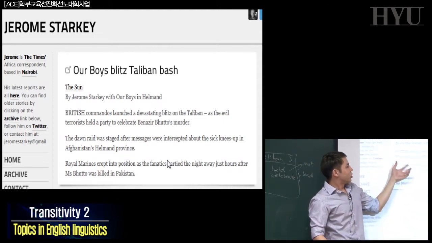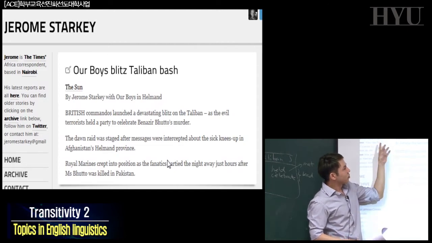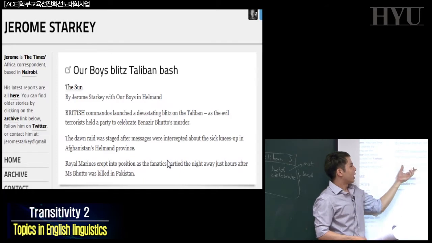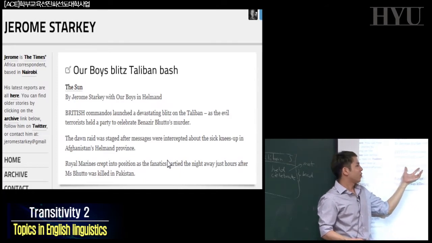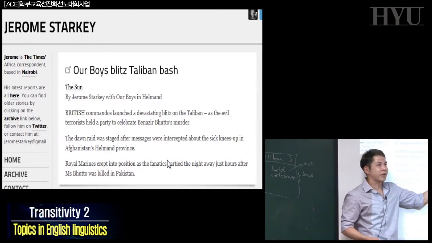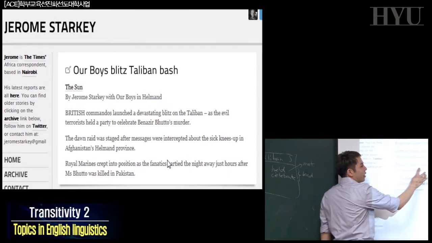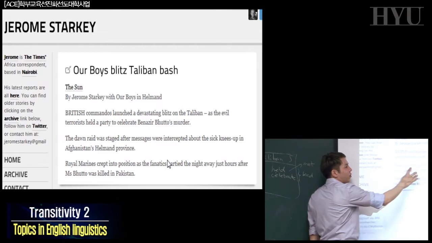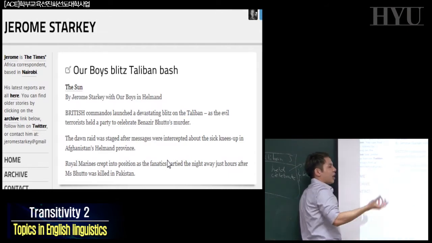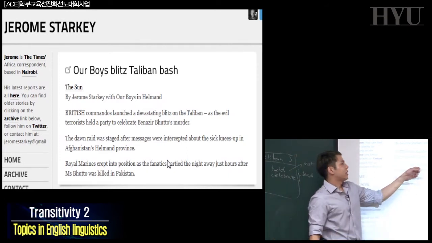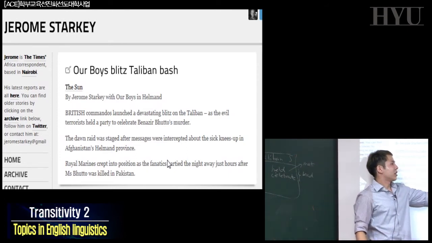So you don't see the soldiers of either side being represented here, but because it's in the passive voice, the dawn raid was staged after messages were intercepted. But you can guess as to who did it, right? The dawn raid was staged, meaning the dawn siege, it has to be the British soldiers that did that, right?